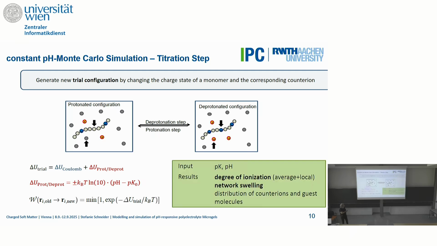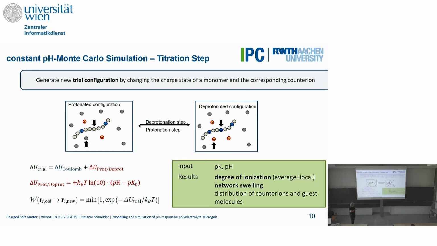And actually, we include this in the acceptance criterion of the Monte Carlo simulations, and we put in the pK value of the monomer unit and the pH, and as a result, we obtain the degree of ionization of the system, both on average and also locally within the microgel. We will see later that this differs.